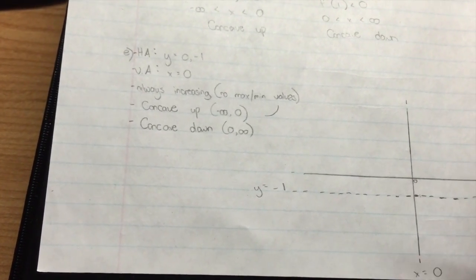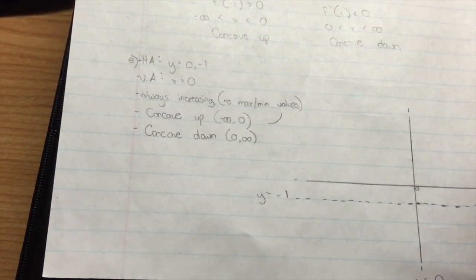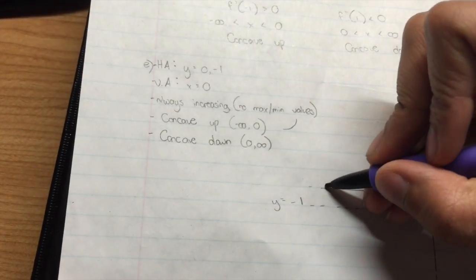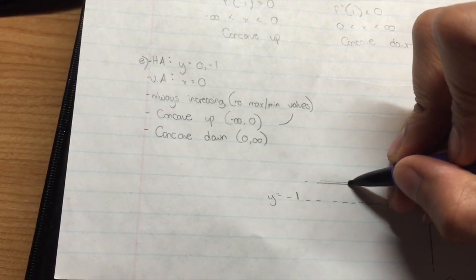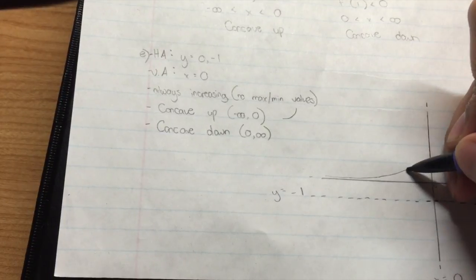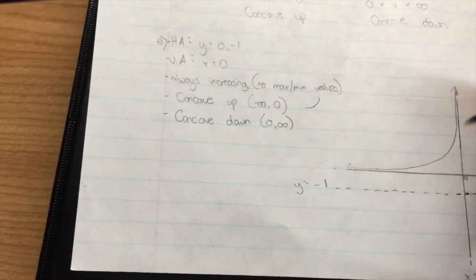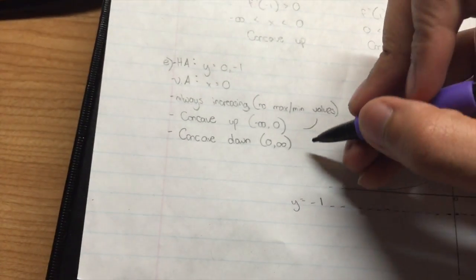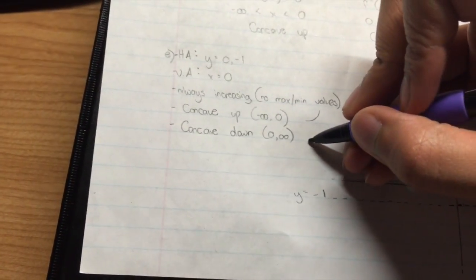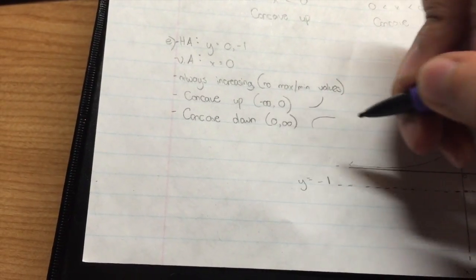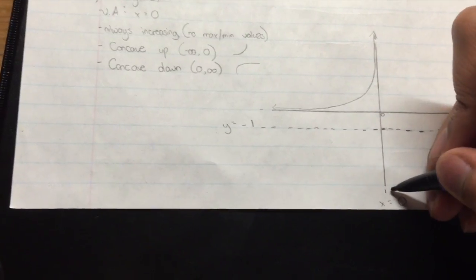It is concave up from the interval negative infinity to 0, which looks something like this. And concave down, that's roughly the shape, from the interval 0 to infinity.